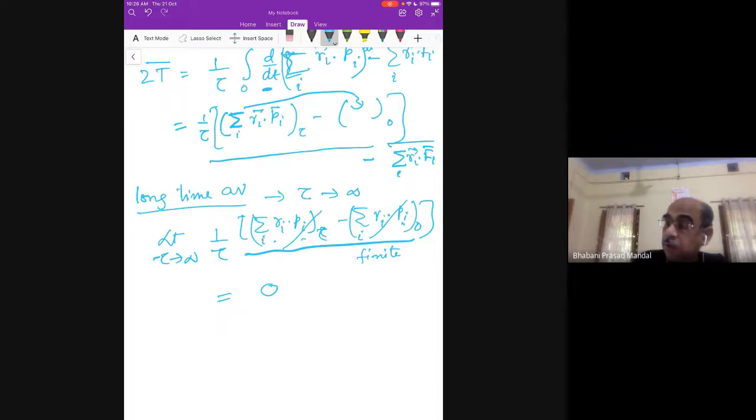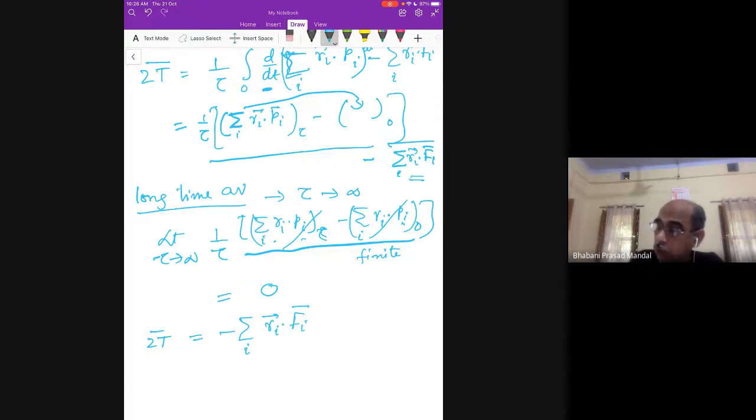So now go back to my formula. 2 t bar is minus half, this term will remain, sum over i ri dot fi.